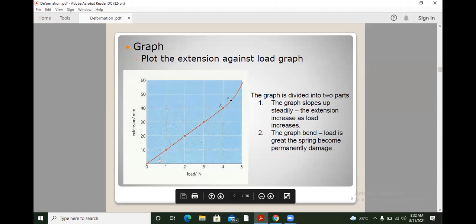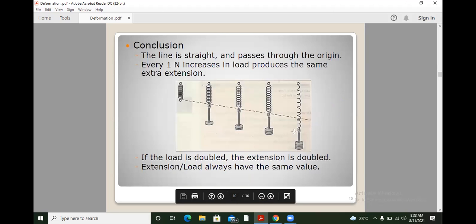It will now be clear to you that before point X, it has the elastic limit. But after point X, its limit gets crossed, and our spring does not regain its shape again because of a lot of stress, a lot of load attached. As you can see, if I add a mass of 1 Newton here and remove it, the spring regains its shape.